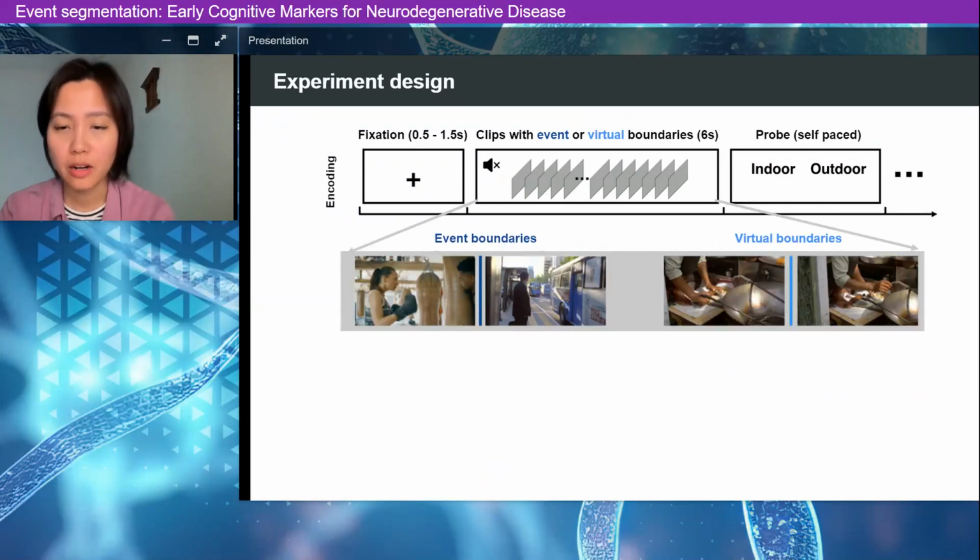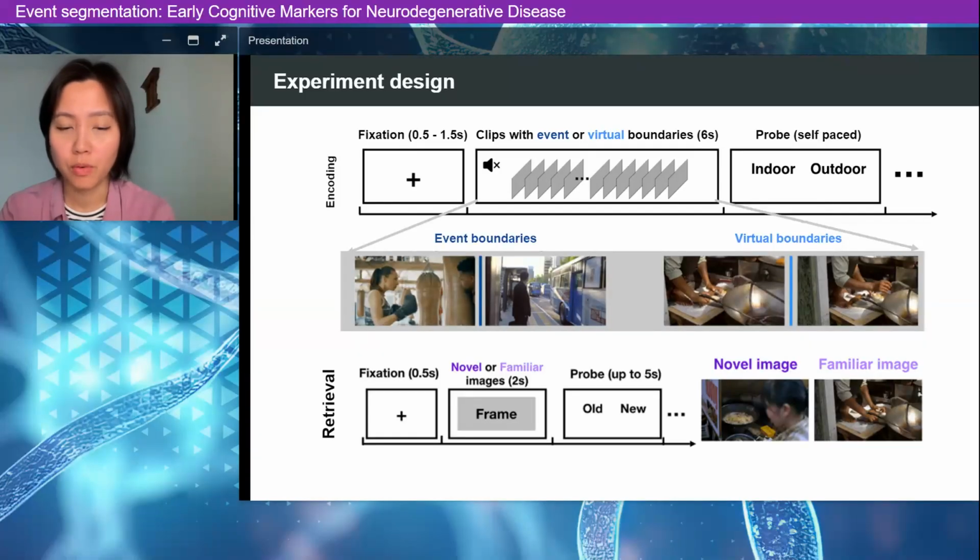During the entire encoding, subjects watched 60 clips, with 30 event boundary clips and 30 virtual boundary clips. After a short break, the subject is instructed to perform a memory task in which we extracted frames from the clips they watched during the encoding period and asked whether each is old or new.